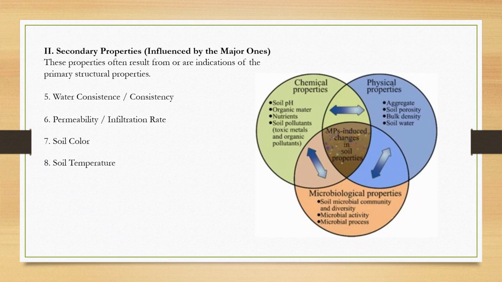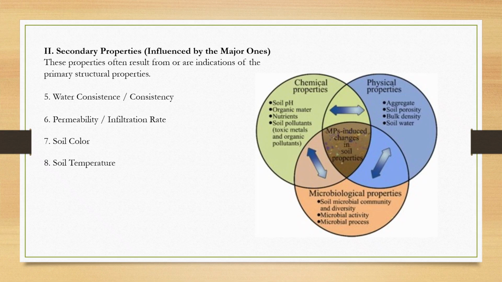It is the rate at which microbes perform essential tasks like decomposition and nutrient cycling. The third microbiological property is microbial process. It covers functions like nutrient mineralization, nitrogen fixation, and organic matter breakdown. Those are the examples for microbial process.